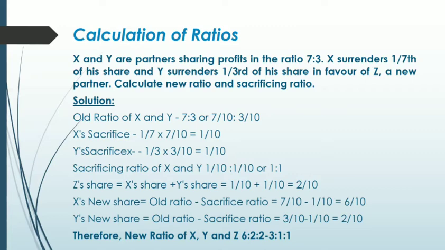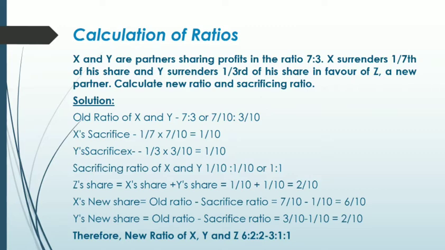Now we'll calculate Z's share. Z's share is equal to X's share of sacrifice plus Y's share of sacrifice, that is 1 upon 10 plus 1 upon 10 is equal to 2 upon 10.